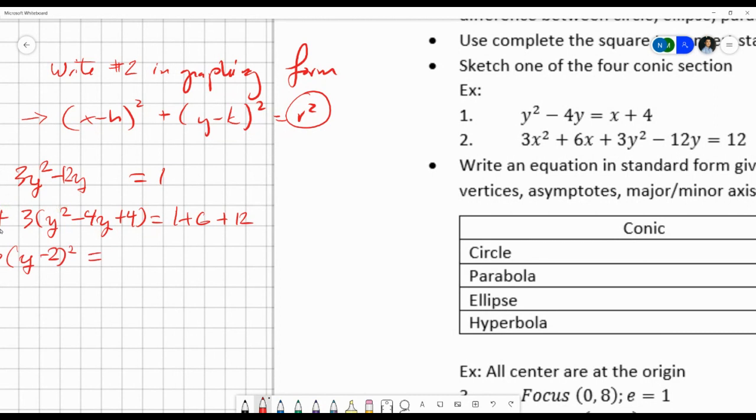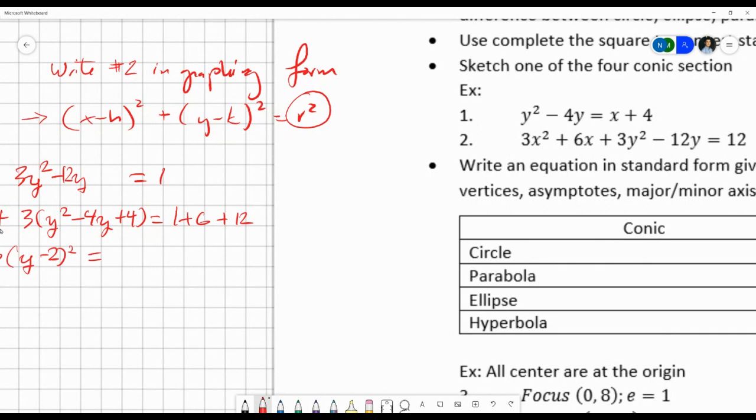Divided by 2, 2 squared is 4. Divided by 2, 1. Right here. Divide by 2 is 1. 1 squared is 1.